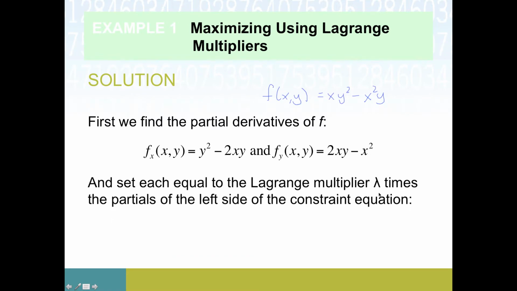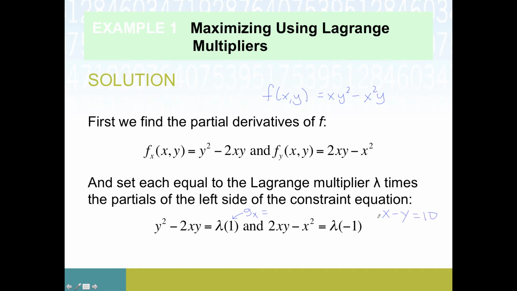The claim from this strategy is we're going to take these first partials and set them equal to the partial derivatives of the constraint equation. So we're going to take this one here and say, okay, here is our g sub x. And remember, our constraint equation by itself looked like x minus y equals 10.